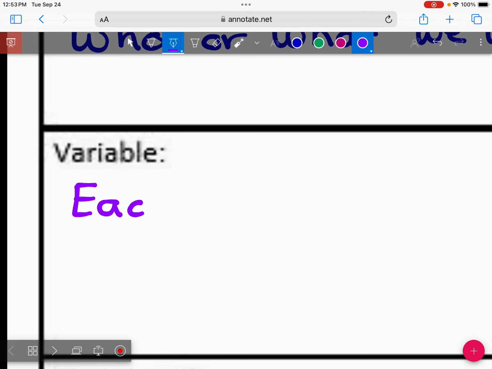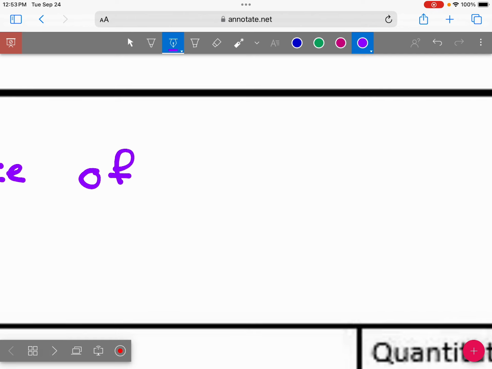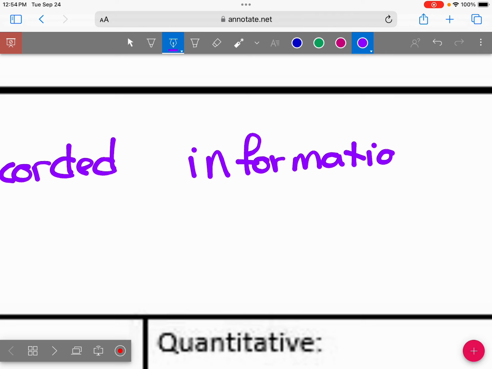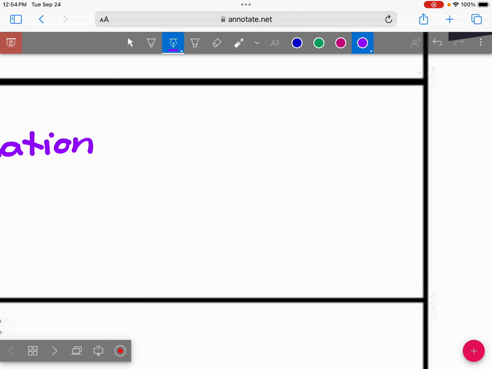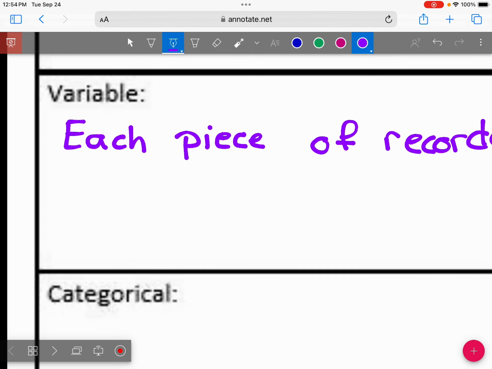So if our cases are who we want to know information about, the variable is the information we want.